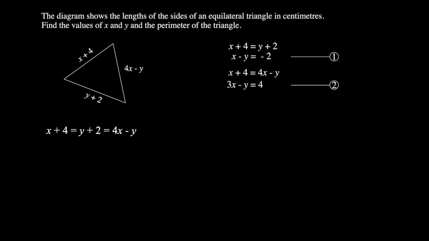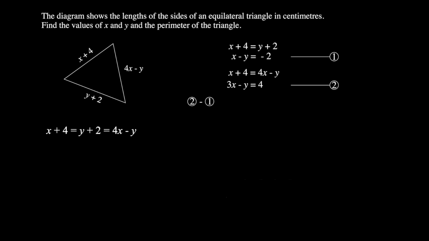I'm going to use the elimination method. We can see that we have in equation 1 a minus y here, and we have in equation 2 a minus y here. Now, if I was to subtract equation 1 from equation 2, we can eliminate y.